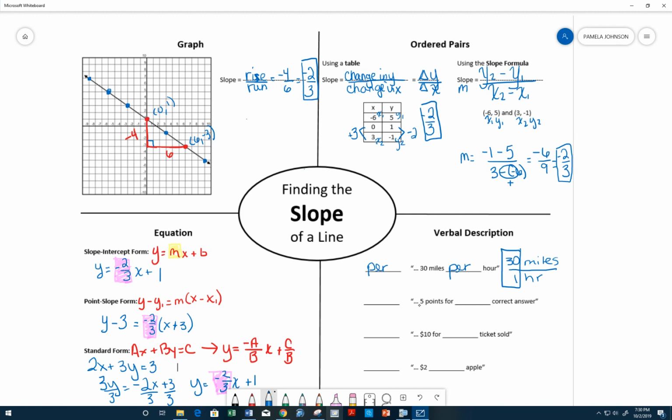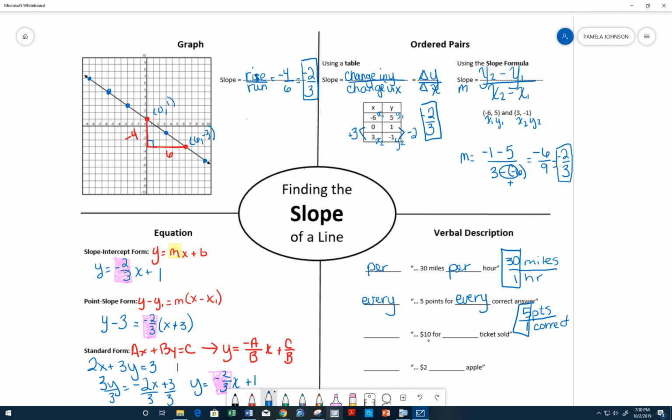Okay, 5 points for every correct answer. Every is another one of those keywords that we look for to tell us it's our slope. And that would be, if we looked at it in the fraction format, 5 points for every one correct answer. Okay, so that 5 over 1 is our slope.